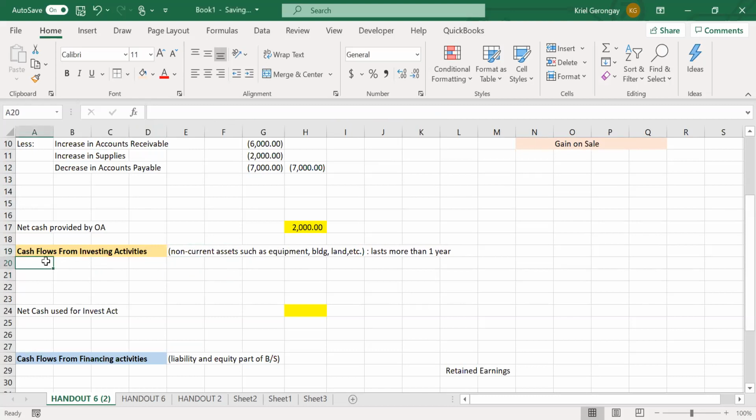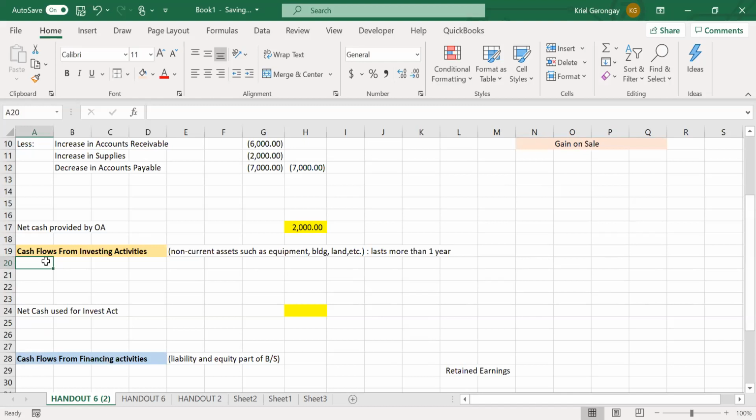And so here on handout 6, it shows that your equipment increased by 6,000. So we're assuming that we paid cash to gain new equipment from 2019 to 2020.